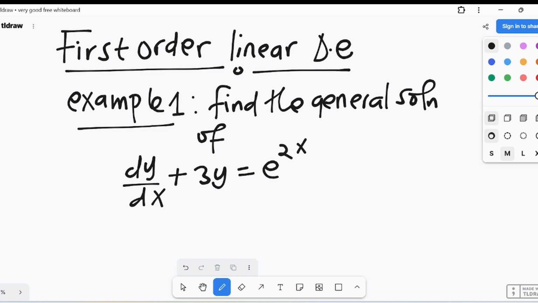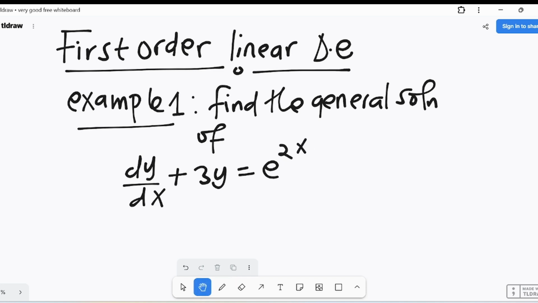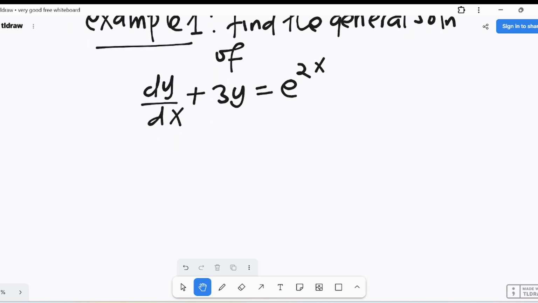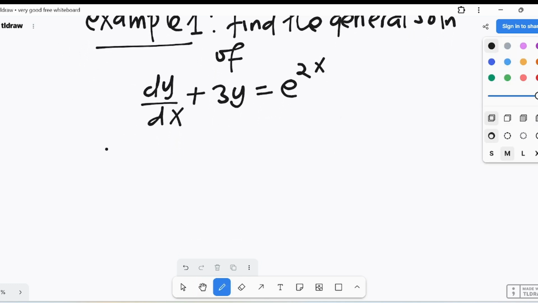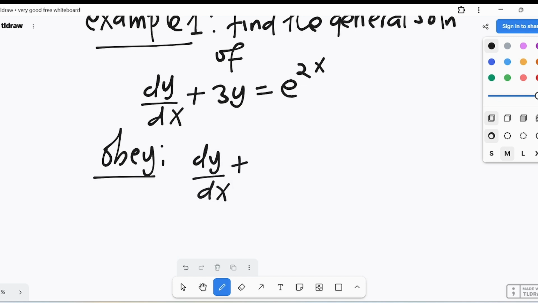Now, to explain briefly what first order linear DEs are. First order linear DEs are those types of DE that are in the form dy by dx plus py is equal to q.